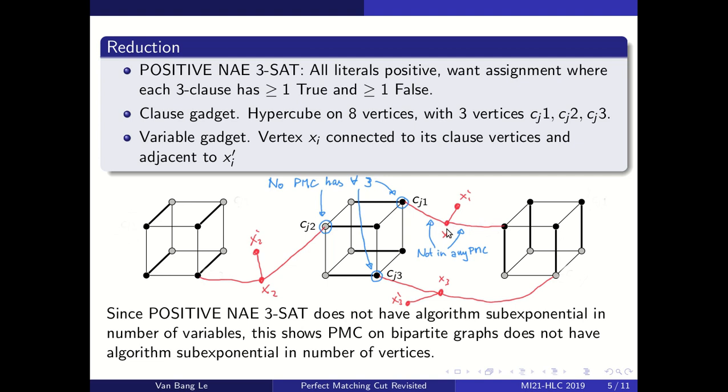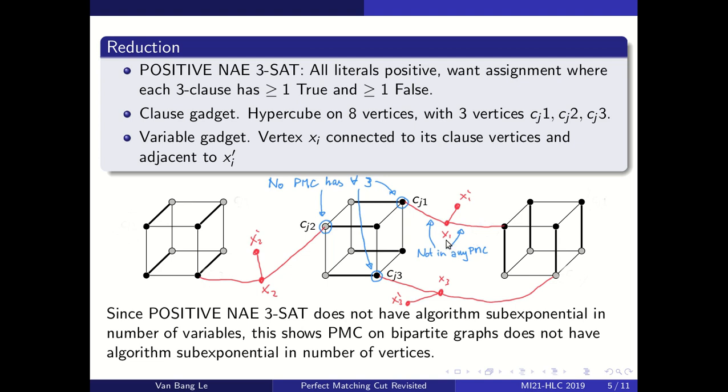And the vertex x1 is then moreover connected to the clauses that it belongs to. So this x1 belongs to this particular clause and to this particular clause. It's connected to one of the 3 clause vertices in this clause gadget, and similarly one of the 3 clause vertices in this clause gadget.